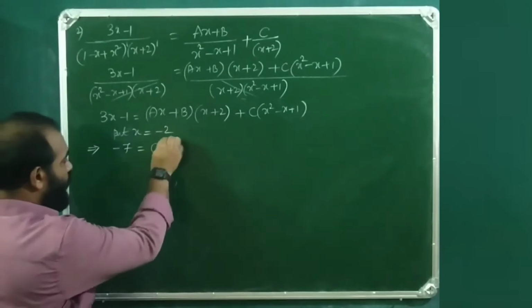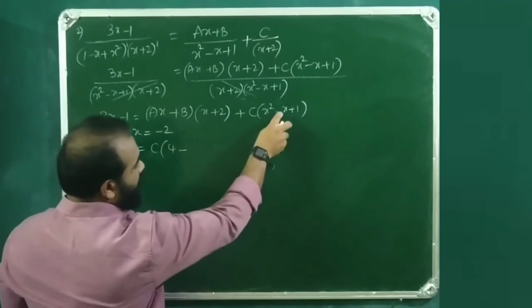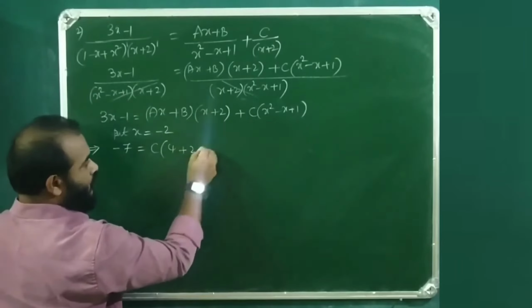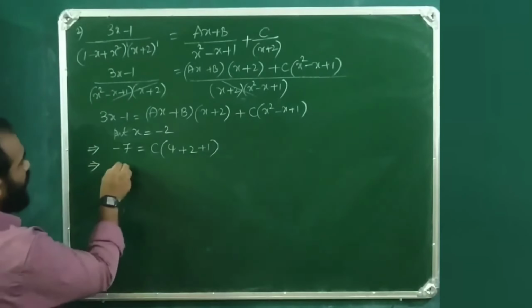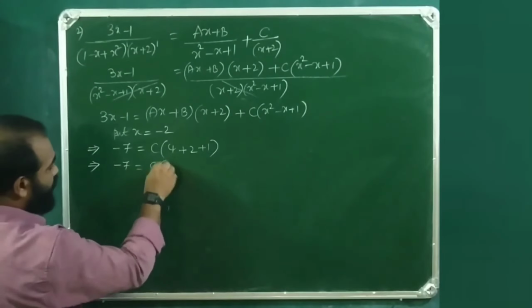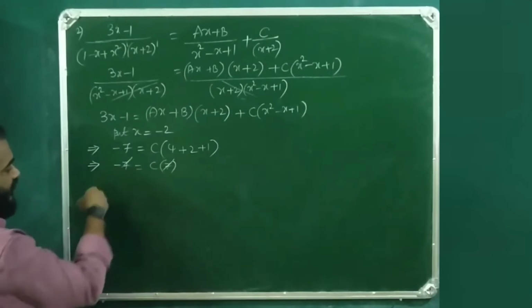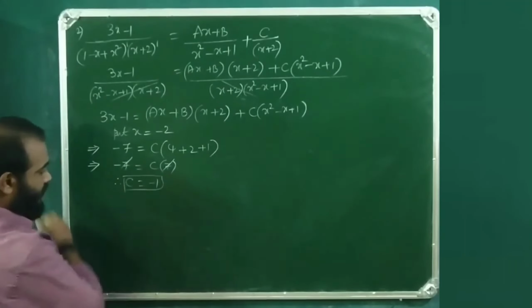So c into minus 2 whole square is 4, minus x is minus 2, minus of minus is plus 2, plus 1. So minus 7 equals c into 4 plus 2 is 6, plus 1 is 7. So 7 gets cancelled. c equals minus 1.